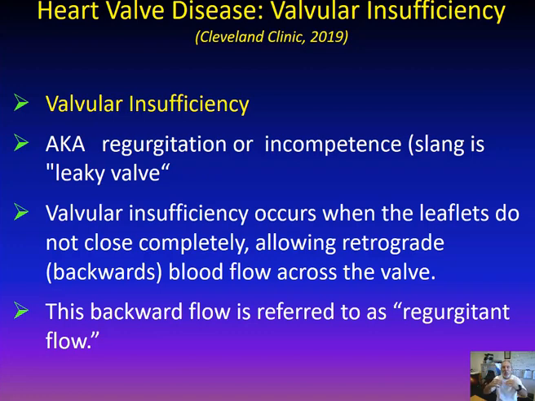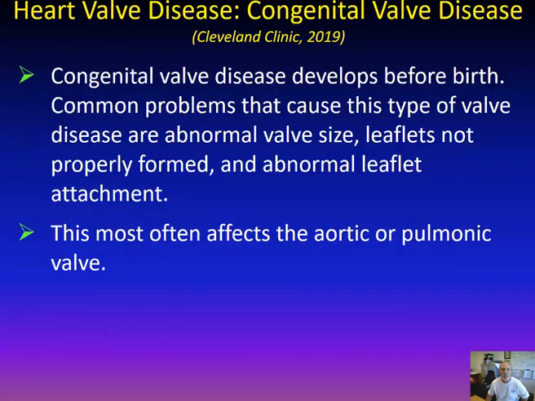When it's leaky, i.e. regurgitation or incompetence, that's when it's going backwards where it shouldn't go, and that can occur at any of the valves. So basically, when the leaflets don't close completely, it allows that retrograde or backwards blood flow across the valve, and that's what regurgitant flow is. So you may see that actually on reports, and it's the severity that's important.